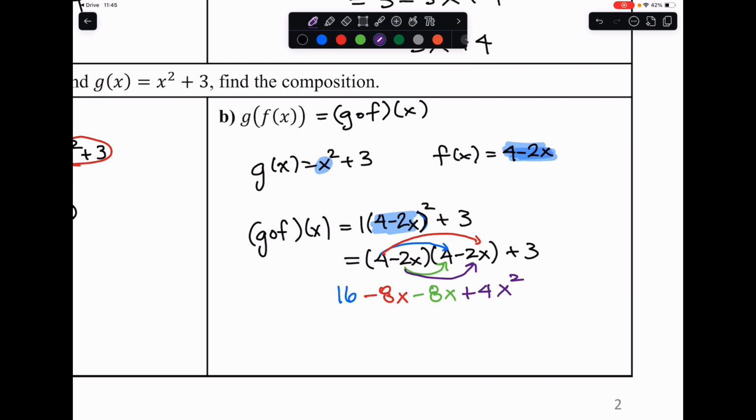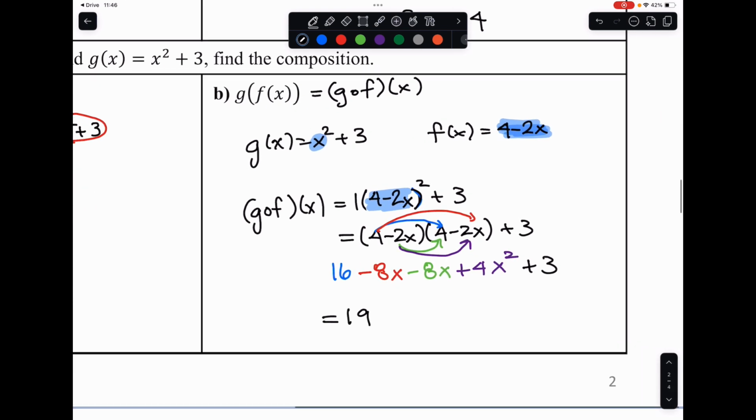We're going to bring down the 3 because we haven't used that one yet, and now we can combine our like terms. So we have 16 plus 3, that's equal to 19, so let me write 19. -8x and -8x, that gives us -16x. Those are like terms. And the only last term that doesn't combine with anything is 4x squared.